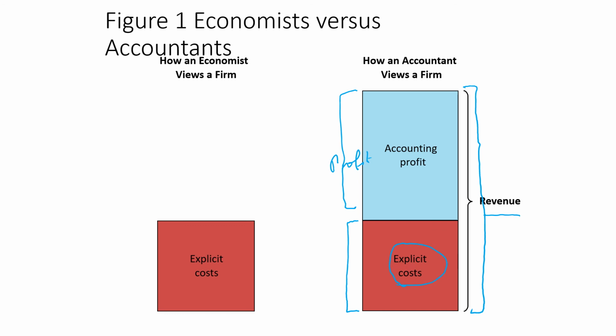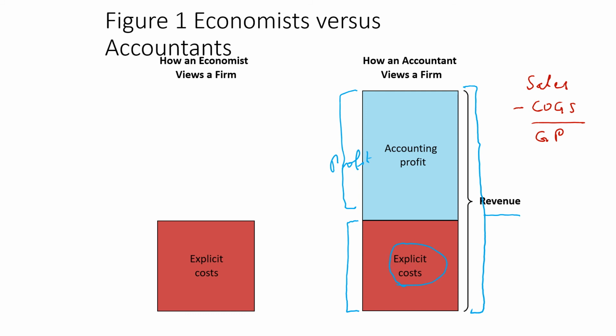Or let's say that if you are an accountant and you are creating an income statement, in the income statement the first thing that you will put there is the sales, and sales is basically the revenue, then minus cost of goods sold, and you are left with gross profit.